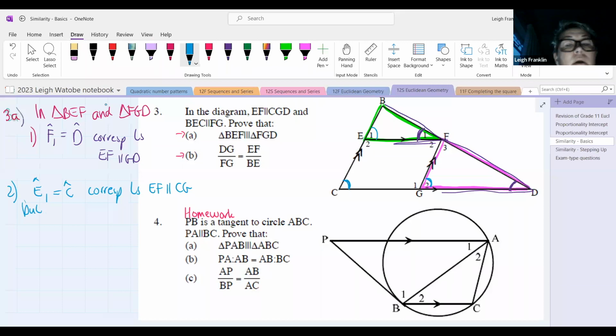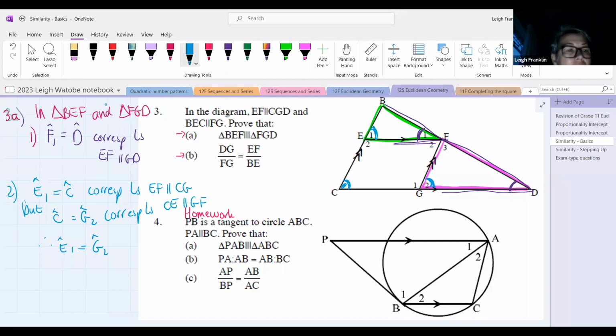But angle C equals angle G2, also because they are corresponding angles, and that is because CE is parallel to GF. So if angle E1 equals C and angle G2 equals C, it means that angle E1 is equal to angle G2.